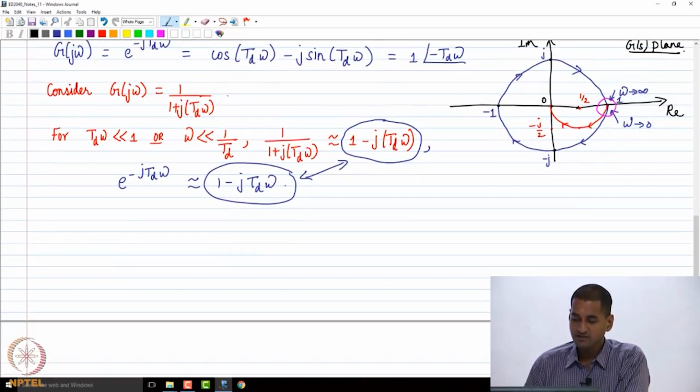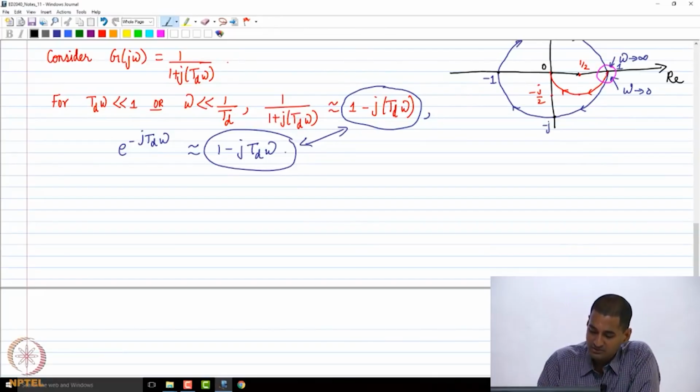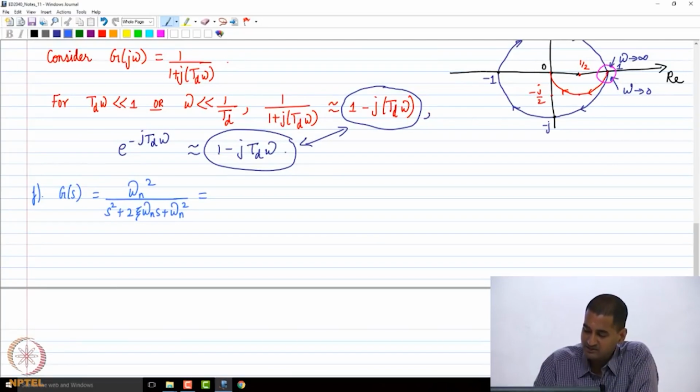Okay, so now I am going to briefly discuss the second order factor, but I am going to leave the detailed plot to your homework. So let's plot G(s) equal to omega n squared divided by s squared plus 2 zeta omega n s plus omega n squared.